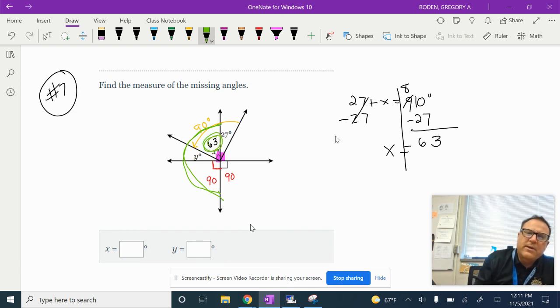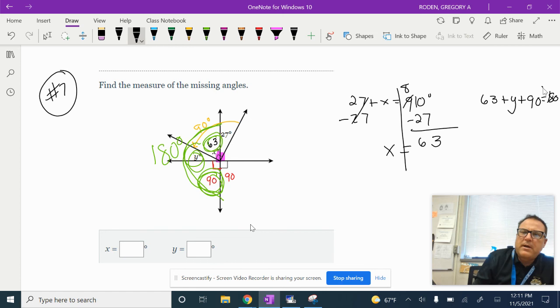So if I take the 63, which I found for X, I add the 90 and add the y, that's going to be the green angle, which is 180 degrees. So I'm going to take 63 degrees, plus angle y, plus the 90 degrees that I figured out. And that is going to equal 180 degrees.